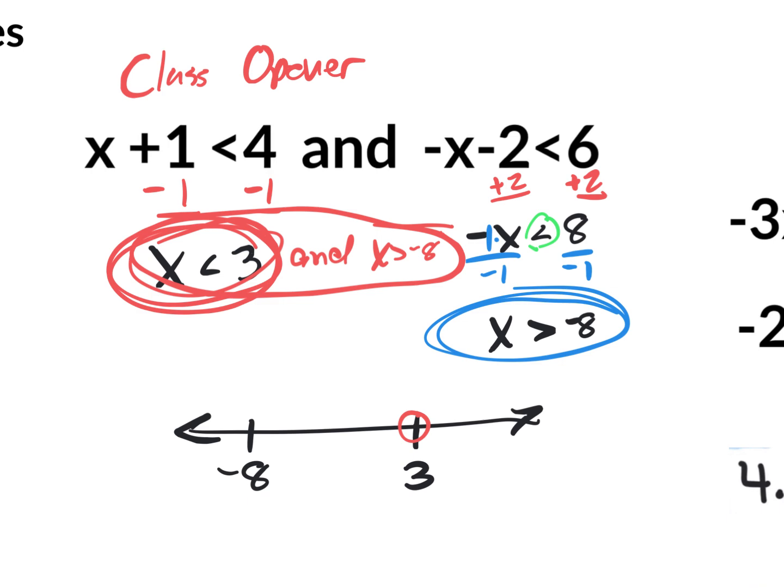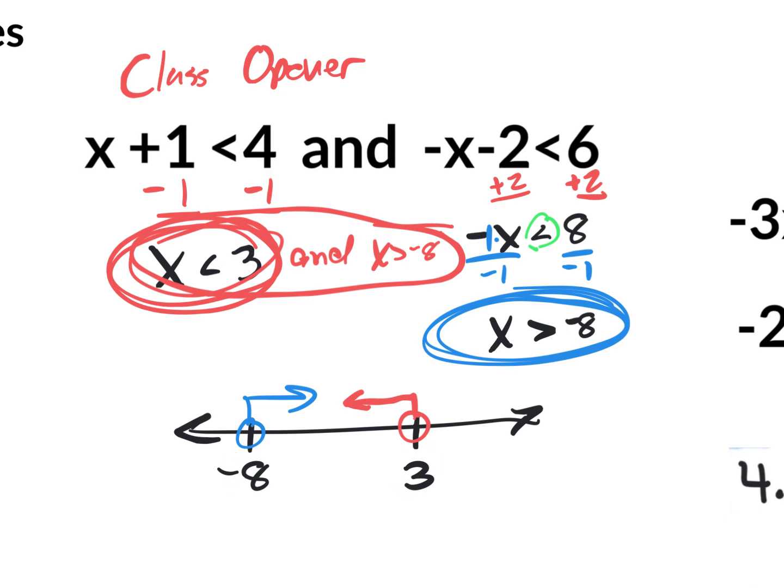So right here, x is less than 3, less than's to the left. And over here, x is greater than negative 8, greater than is to the right. Because this is an area that's together, we have to write it as a compound inequality written together. And that's really easy to do because we already have the numbers organized according to the number line, the smaller numbers on the left, the bigger numbers on the right.